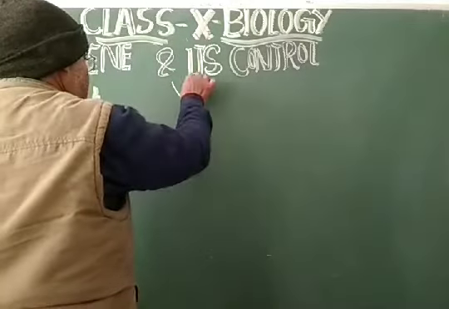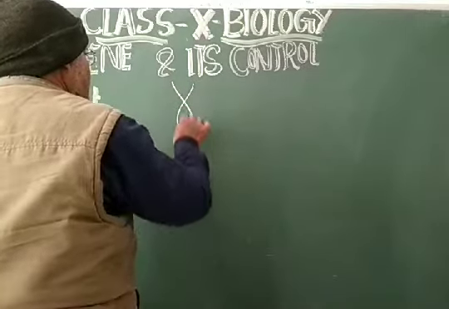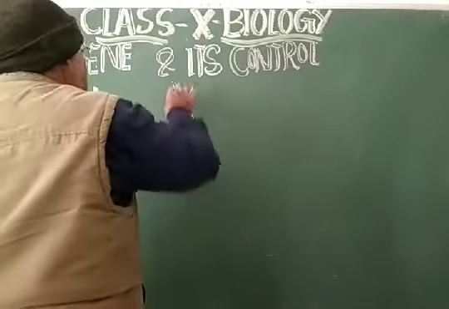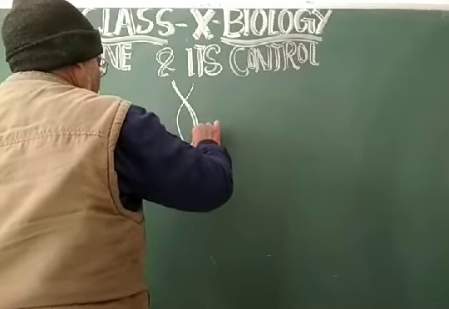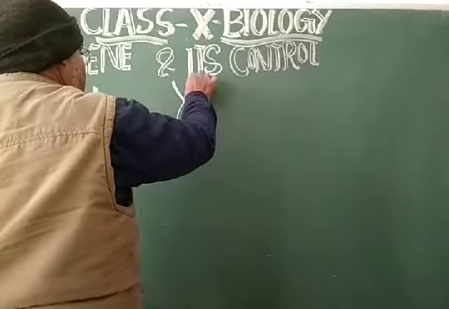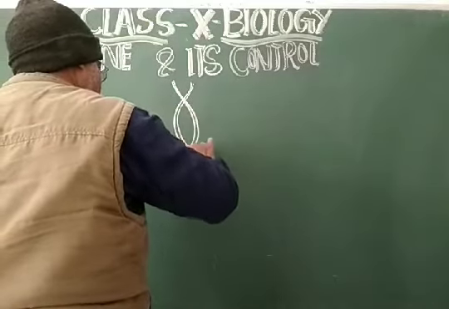If this is the structure of the DNA, suppose, you will see that this is a double helix. This is a double helical structure, which forms the helix of the DNA.